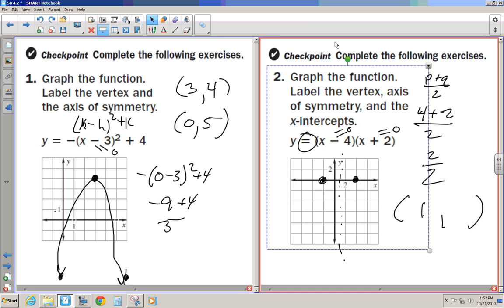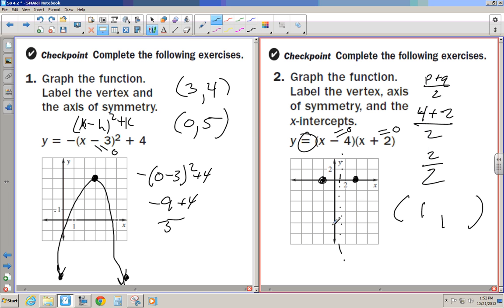All right, let's plug in our numbers. 1 minus 4 times 1 plus 2. So it's negative 3, and it's times 3. Couldn't read that very well. That becomes negative 9.